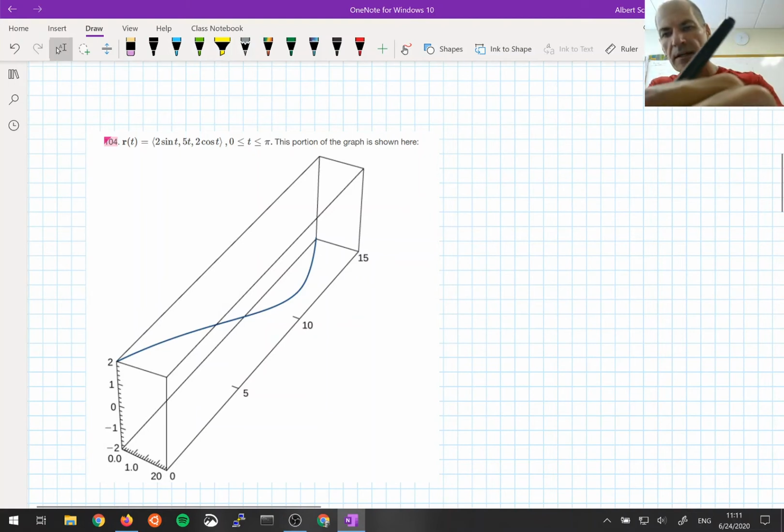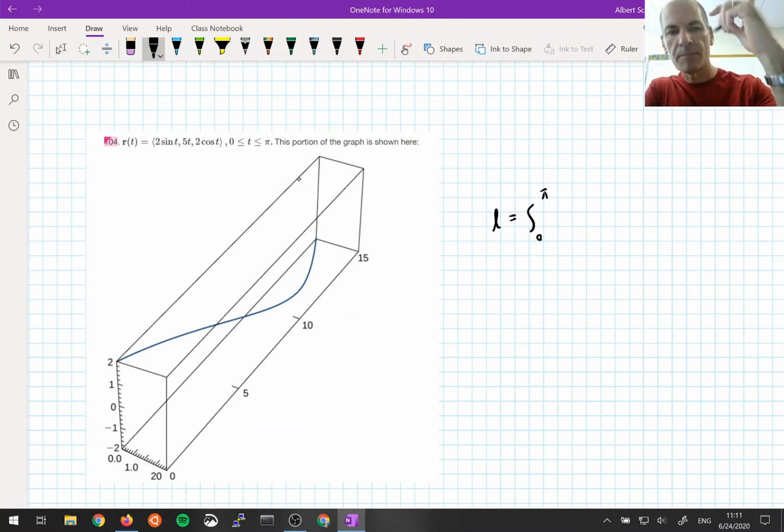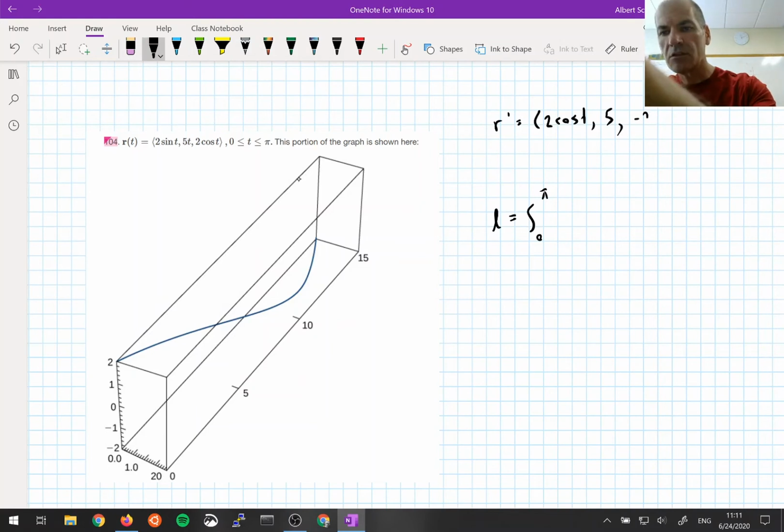Remember that arc length is always just the integral over the parameter range t. So here we're going to do the integral from, what's the parameter range? 0 to pi. And we need to compute r prime. r prime is simply 2 cosine t, and then 5 in the middle, and then minus 2 sine t.